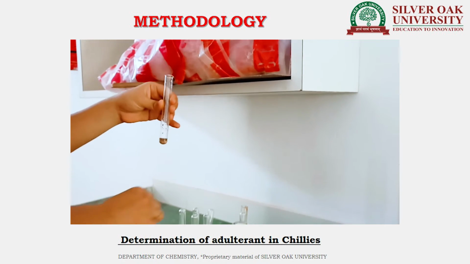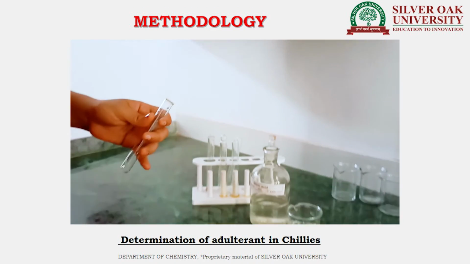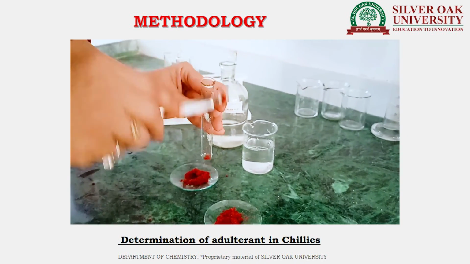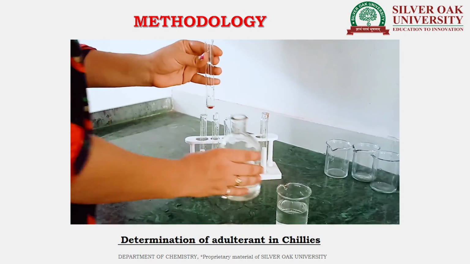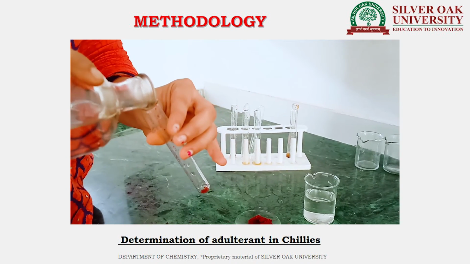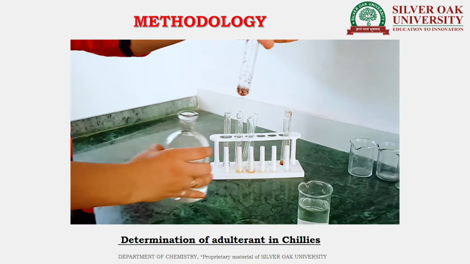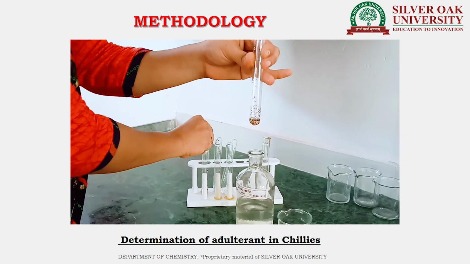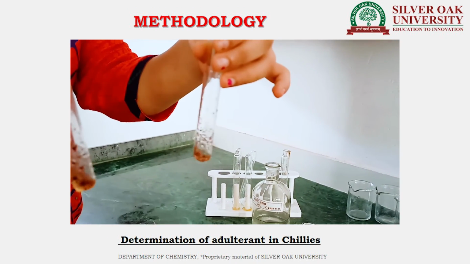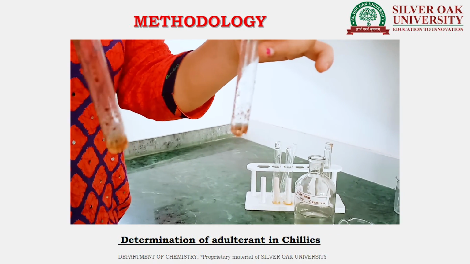Now similarly we will take another sample of chili powder and add dilute nitric acid to it. Here there are two samples of chili powder with nitric acid prepared. Now we will filter the solution.